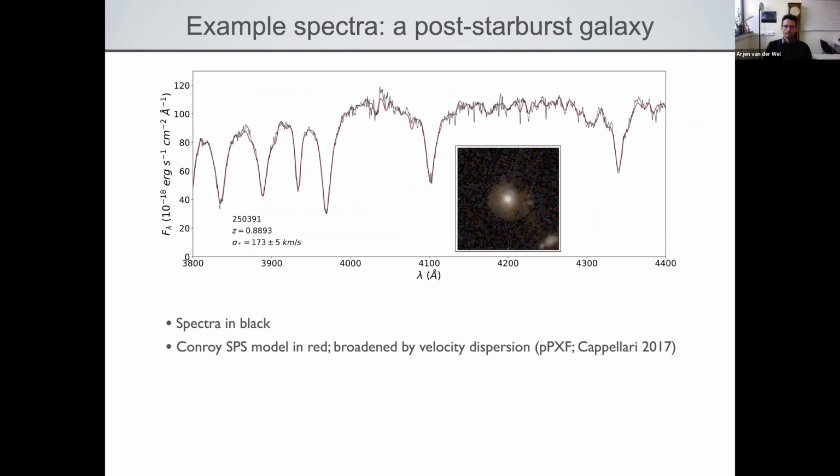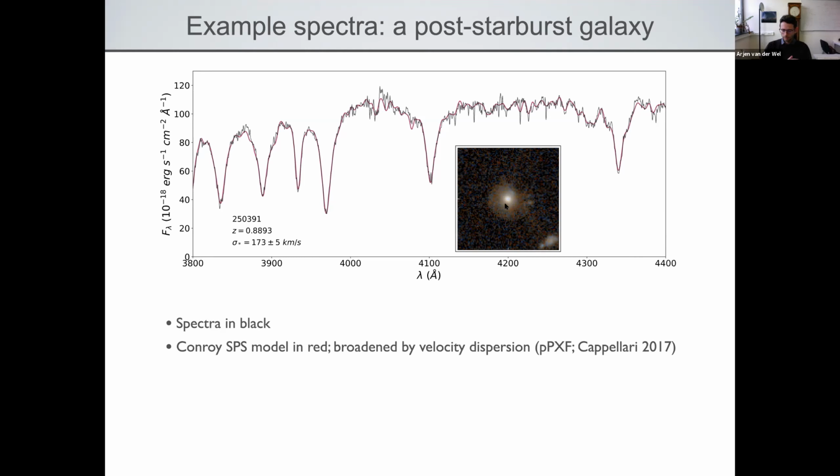So let's look in a bit more detail at some individual galaxy spectra. Here is a post-starburst galaxy. I'm going to talk about post-starburst galaxies a bit more later. Here's a Hubble Space Telescope image. By the way, this all takes place in the COSMOS field. Those working on AGN might be familiar with that field and the data sets available there.